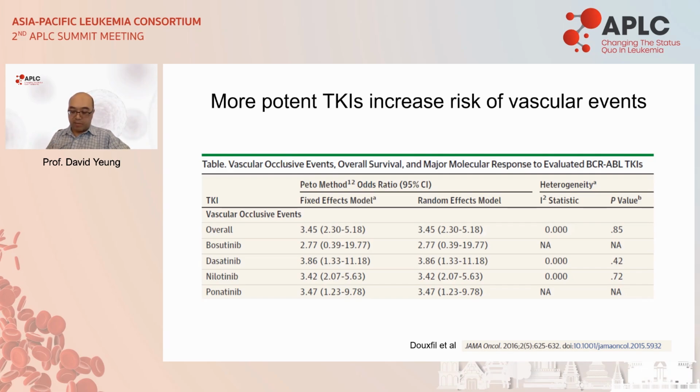So as a result, all of us that look after CML patients are aware that if we are to use a second generation TKI, patients will respond faster, but we will need to address cardiovascular risk very stringently if we are going to see that long-term benefit.